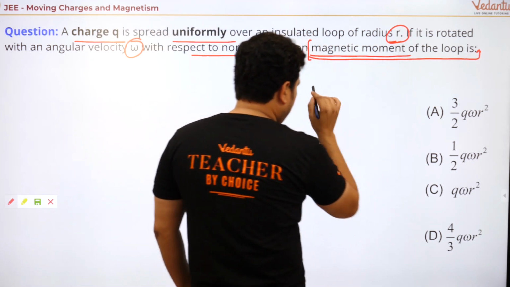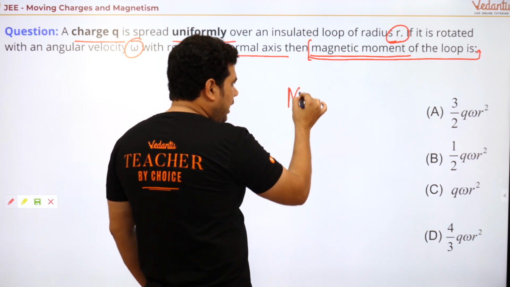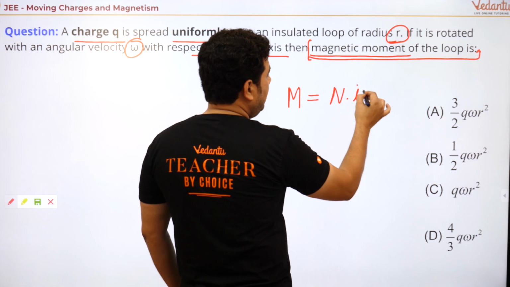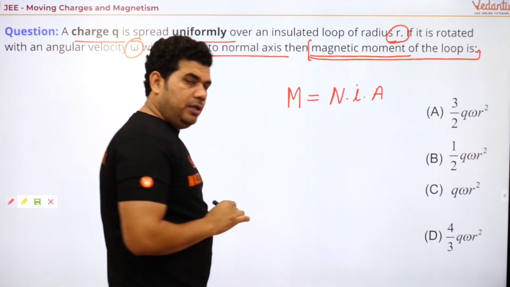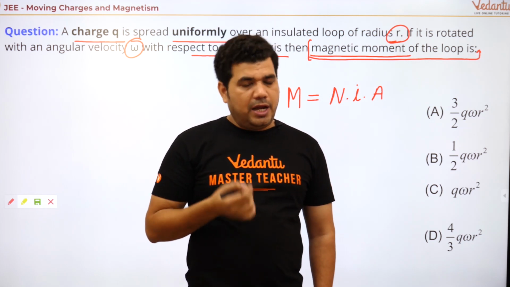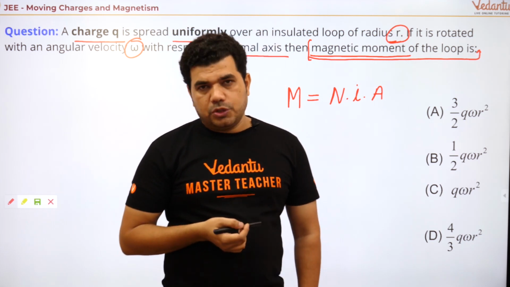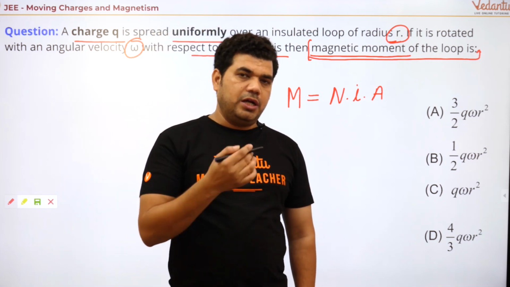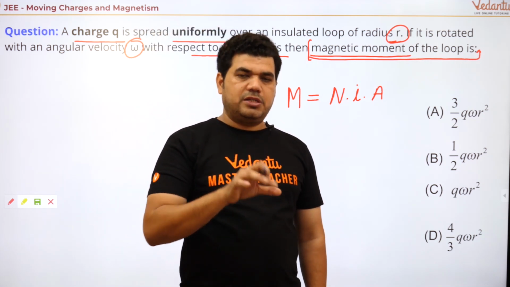So you know the magnetic moment m is actually n I a. n is the number of turns, I is the current flowing and a is the area of the loop. So यहां करंट कैसे फ्लो हो रही है? How the current is flowing? But there is a charge only.